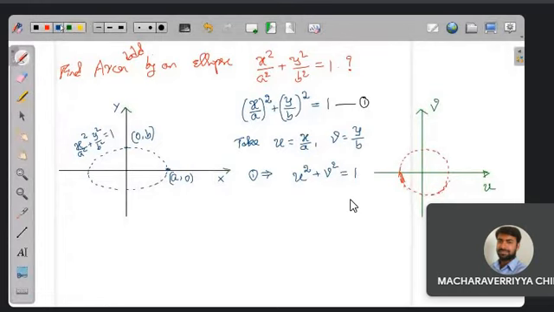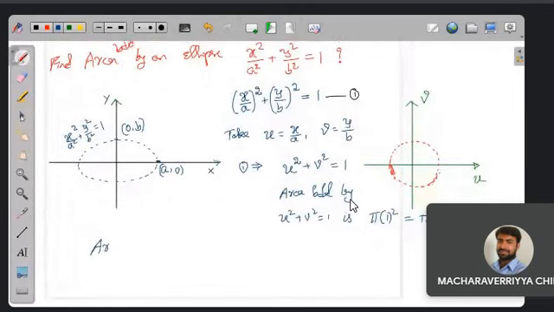All right. Now you know what the area of this circle is. What is the area here? The area bounded by u squared plus v squared equal to 1 is given by pi r squared, that is pi into 1 squared, which equals pi. But what is our interest? Our interest is to find the area bounded by the ellipse.